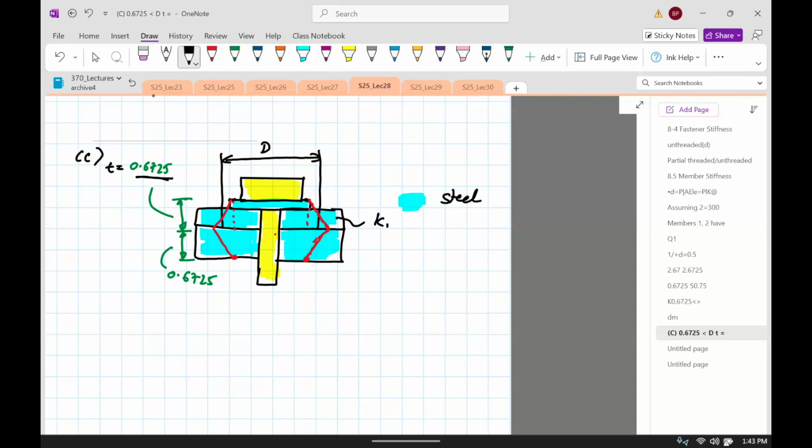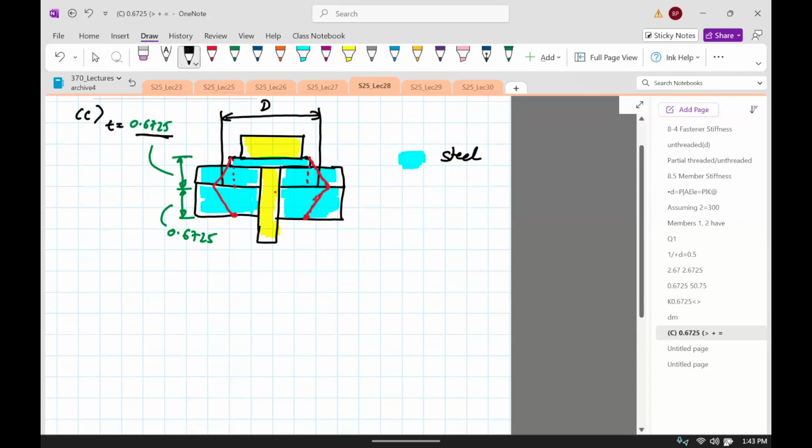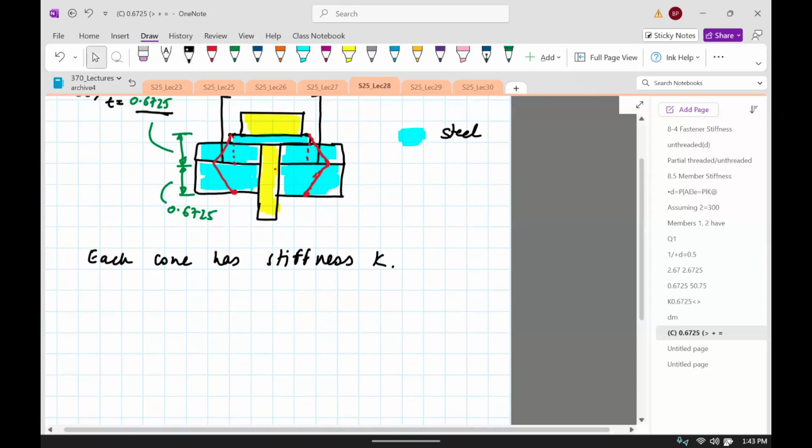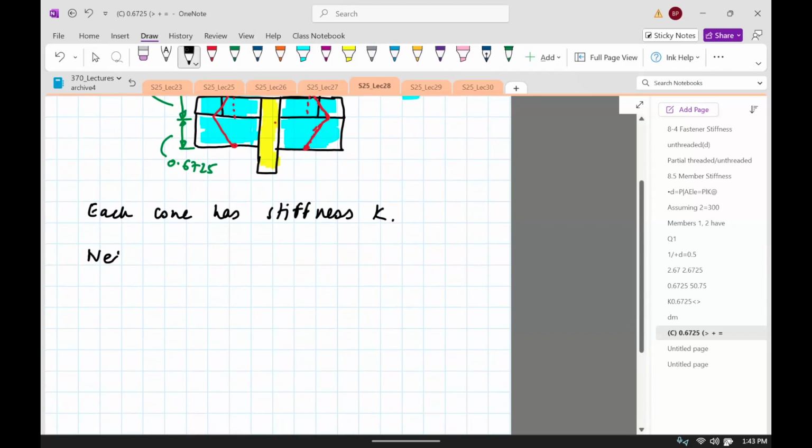If this is member K1 and this is K2, or rather, let's not do it that way. Each cone has stiffness K. So net stiffness is Km equals K divided by 2.